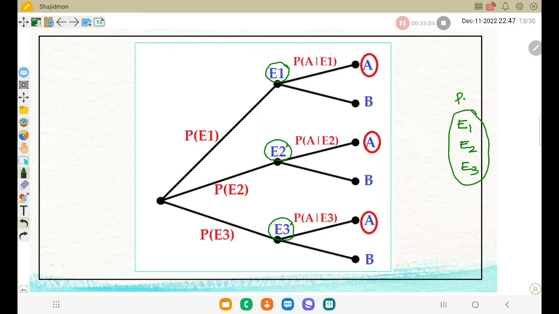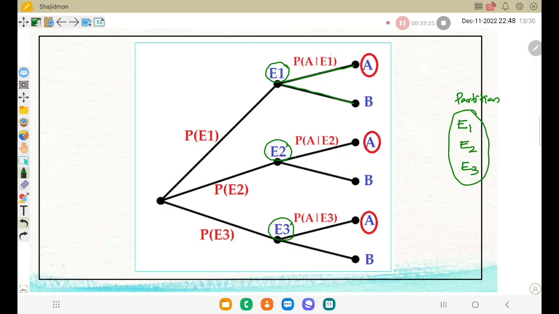These 3 are partition of a sample space, or main event. So this event is connected with another event, A or B we can take, particularly we are taking one event here, A or B. Okay, it is connected with the sub events, outcomes or sub events.